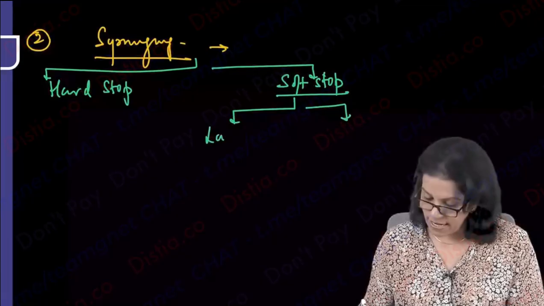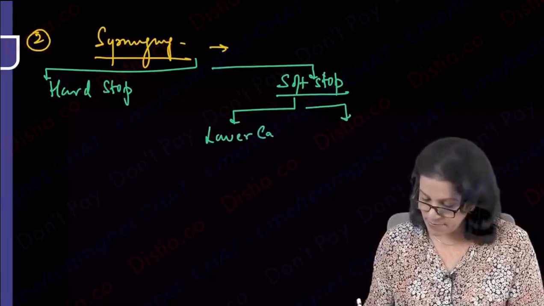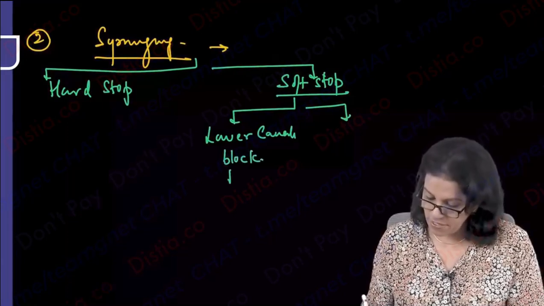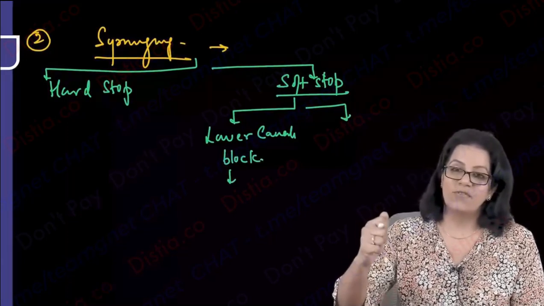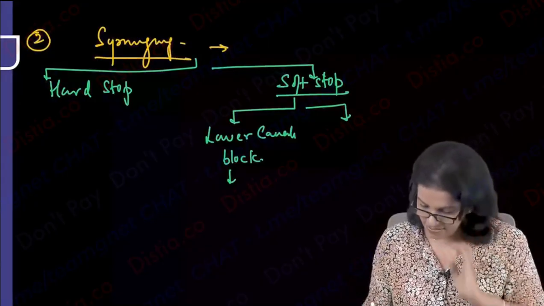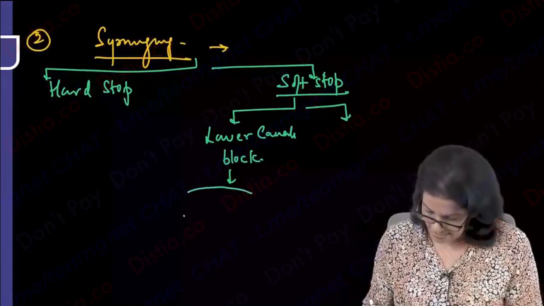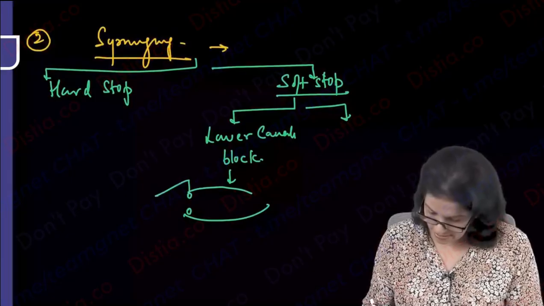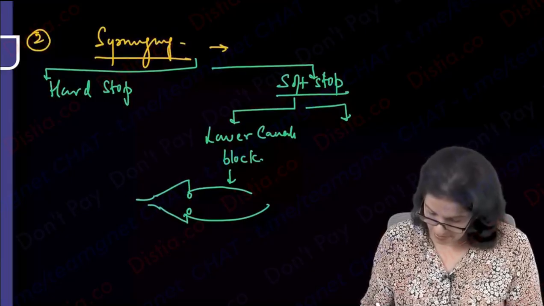Now, if lower canalicular is blocked, when I inject water, from where will it regurgitate? Think yourself. See. These are the two puncta. This is the canaliculi with the common canaliculi.